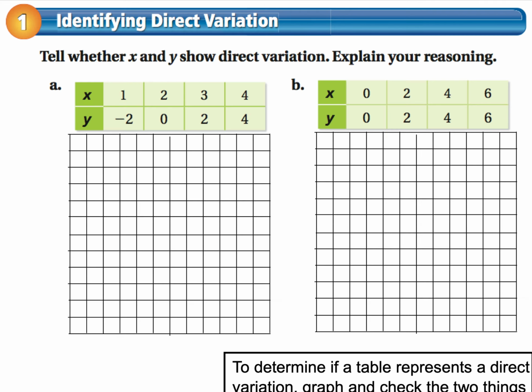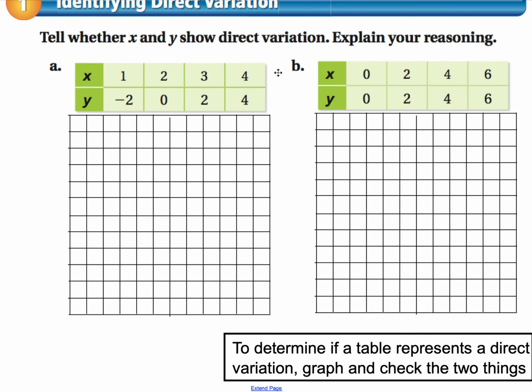Okay, we're going to identify if these show direct variation, and we're going to make a graph and then check for two specific things. The first thing is if they graph a straight line. The second thing is it needs to go through the origin.